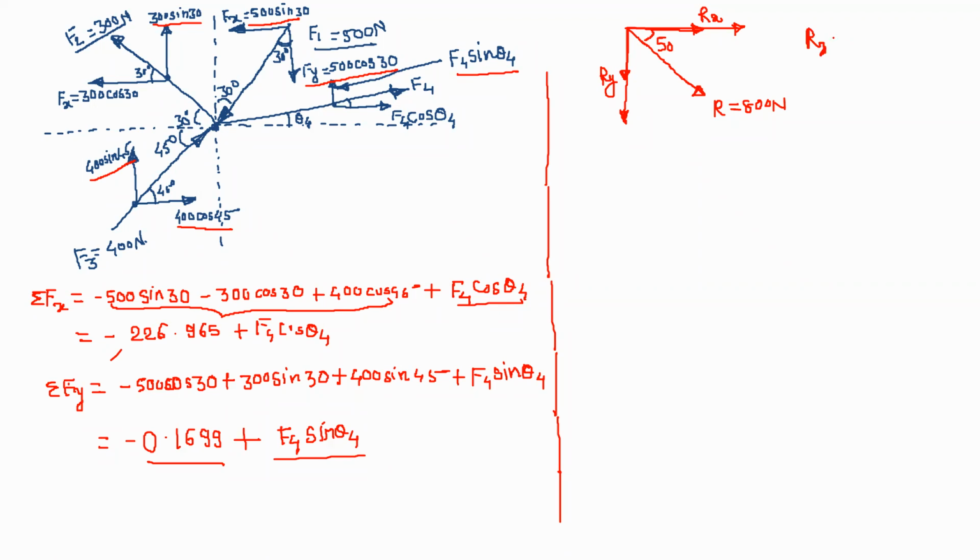So Rx is equal to 800 cos 50 and Ry, it is equal to 800 sin 50. But Ry component, it is along the negative y direction, so we will take this minus. So find out this value.